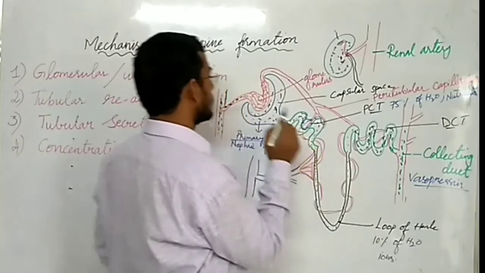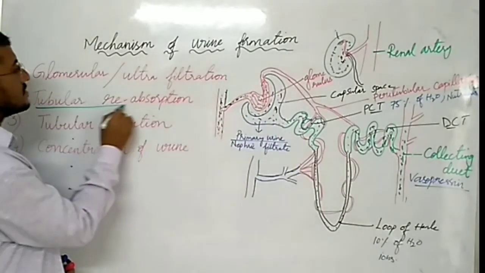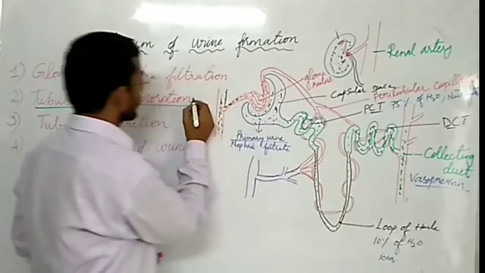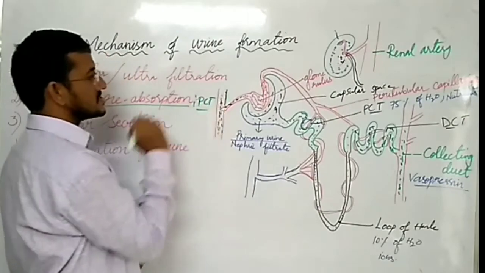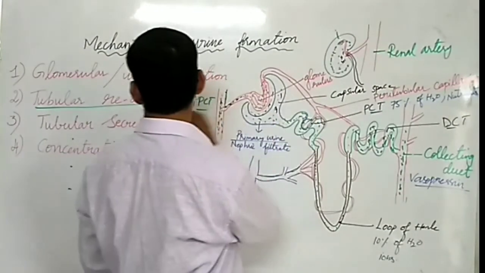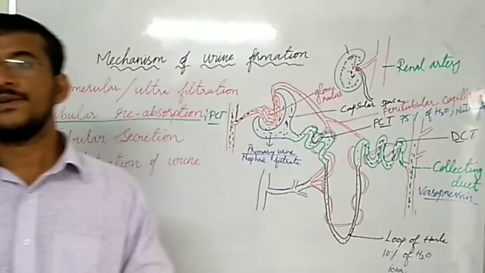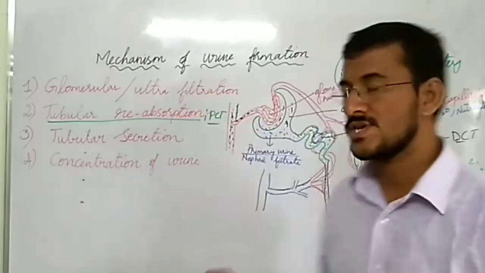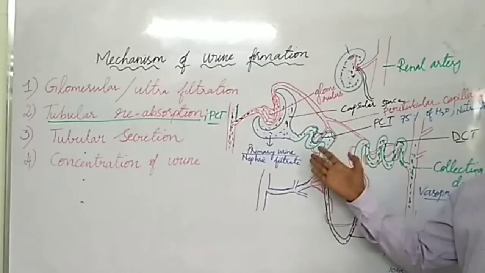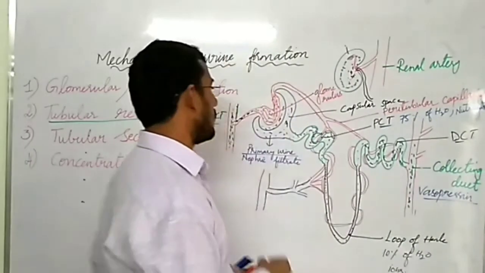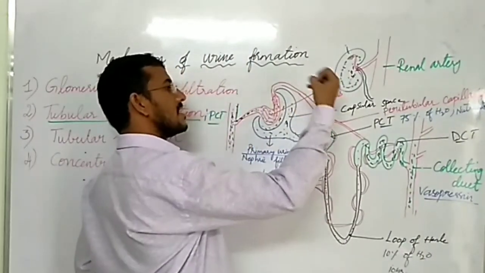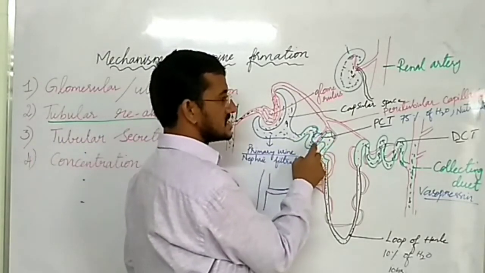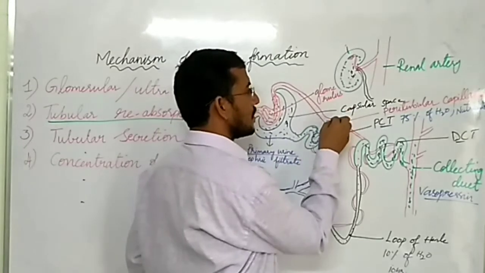In the PCT, what happens? Tubular reabsorption occurs. So what is tubular reabsorption? Glucose, amino acids, some potassium, calcium, sodium ions, vitamins, some necessary nutrients are absorbed by the epithelial cells present in PCT, and released into peritubular capillaries.